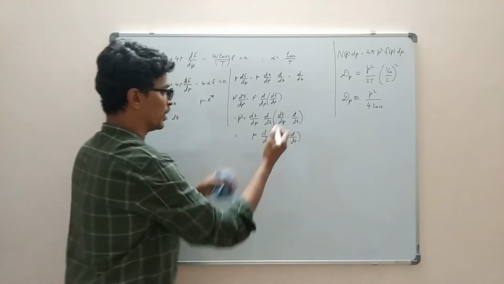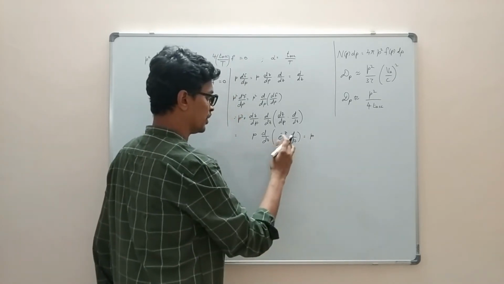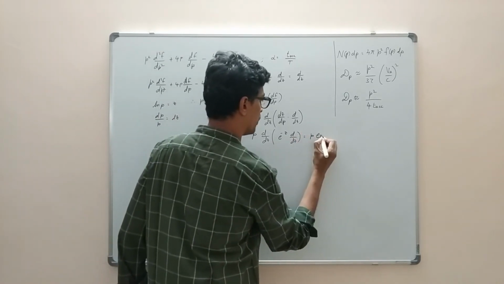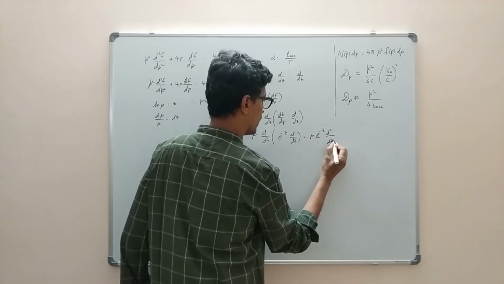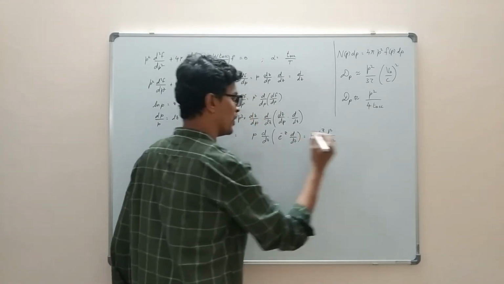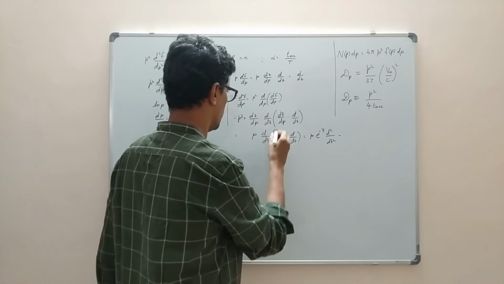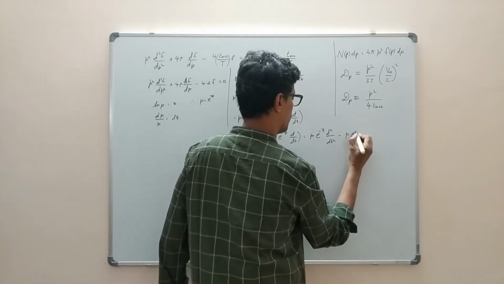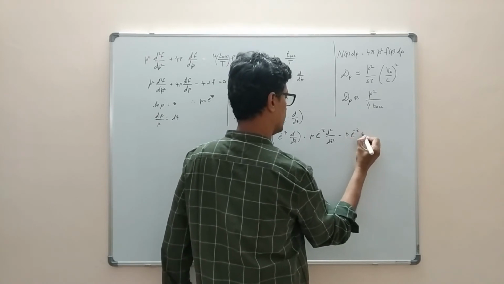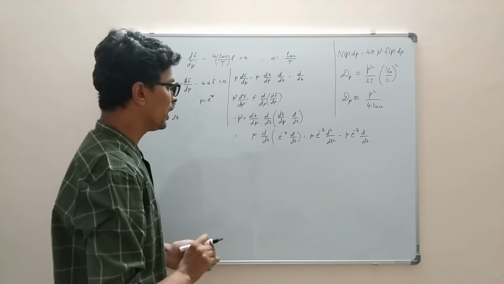So let me open up this one. This is going to be p into, first let me take this one. So that is p into e power minus z d square by dz square. Then this will be minus p into e power minus z d by dz. Okay.